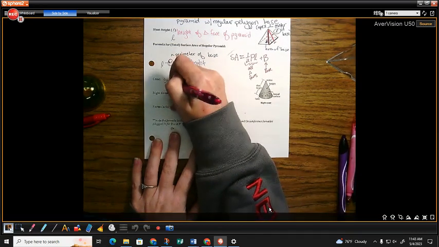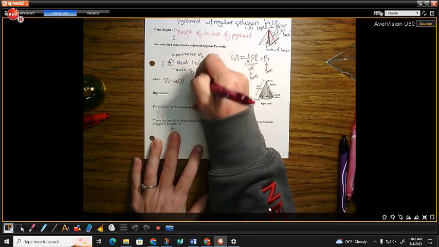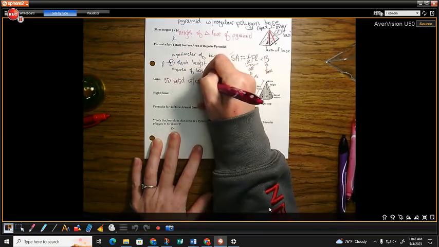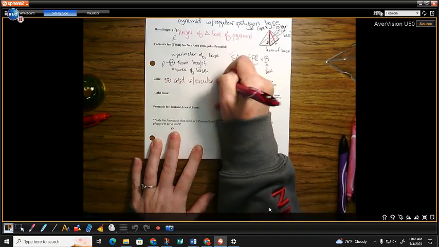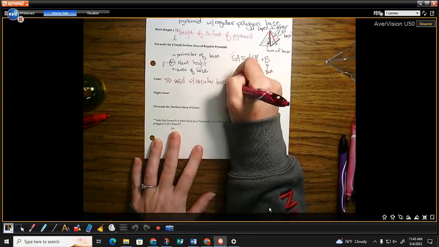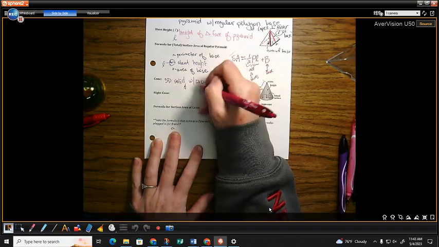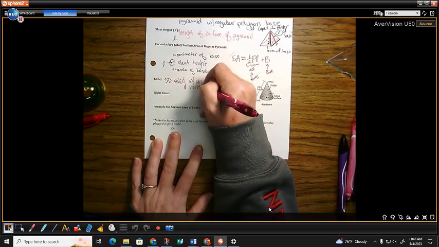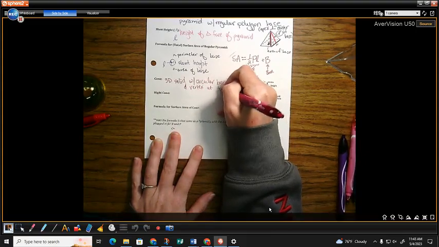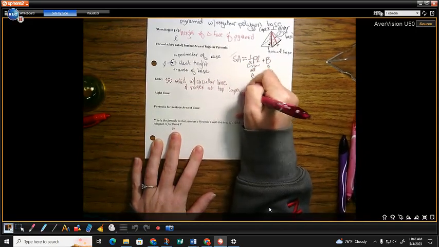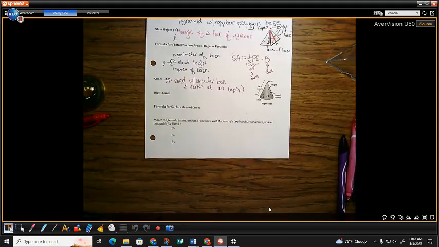So a cone is a 3D solid with a circular base and, let's see, a vertex at the top called the apex. And it has a lot of the same pieces that your pyramid did, okay?